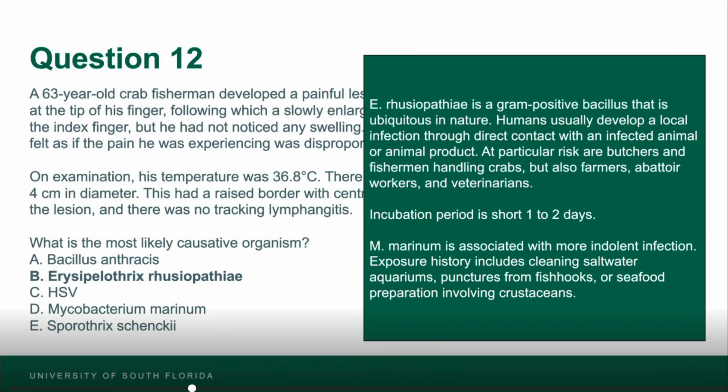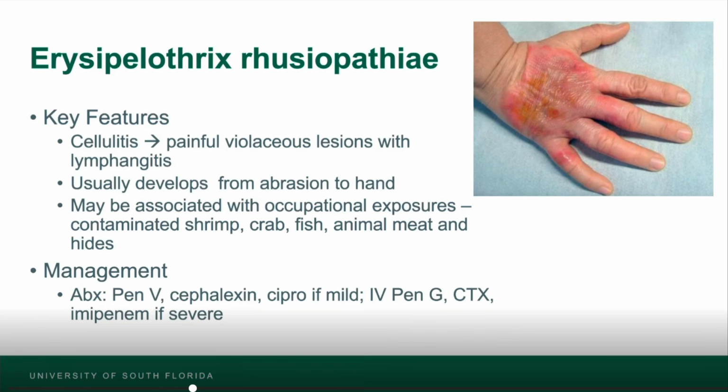And then they talked about other things you could worry about, like the water exposure could make you think of Mycobacterium marinum, but it wouldn't be as quick onset. This is a picture of this infection, cellulitis, and then these painful lesions with lymphangitis. So over time, you would expect to develop those. And then the management is usually penicillins or Keflex or IV antibiotics if it's severe.